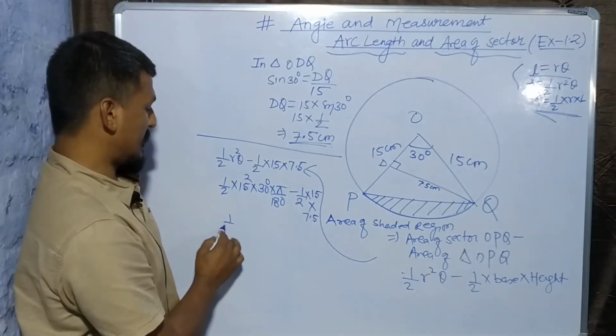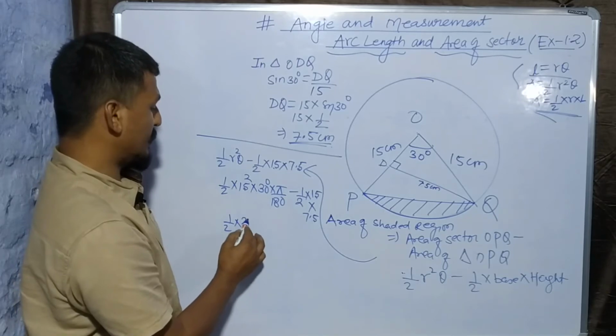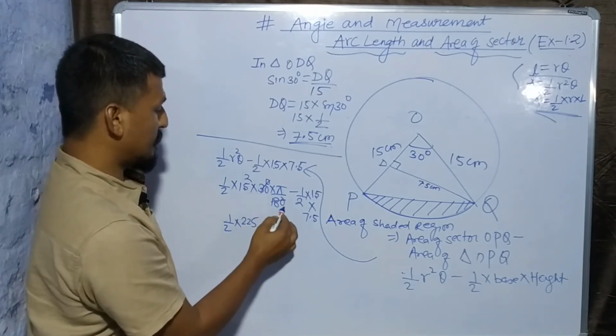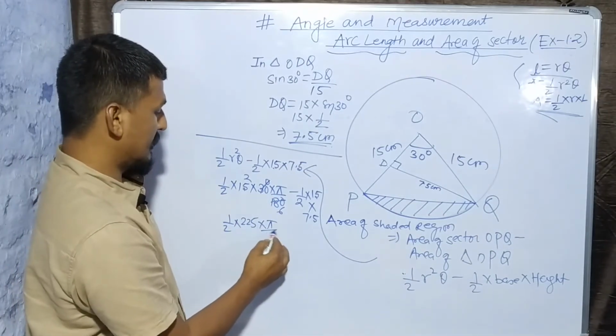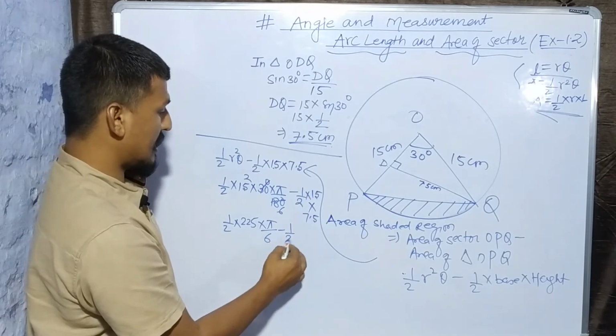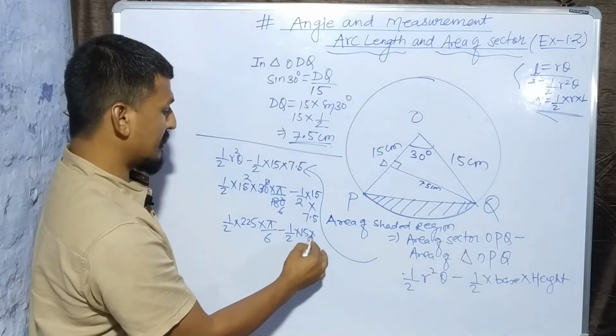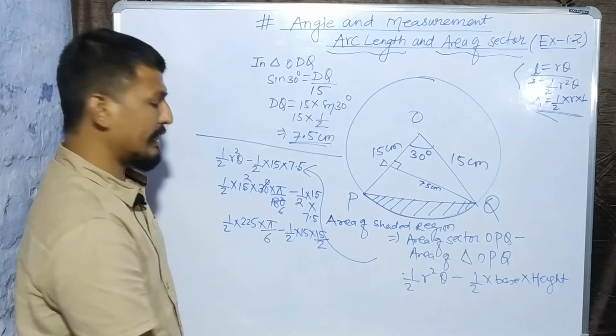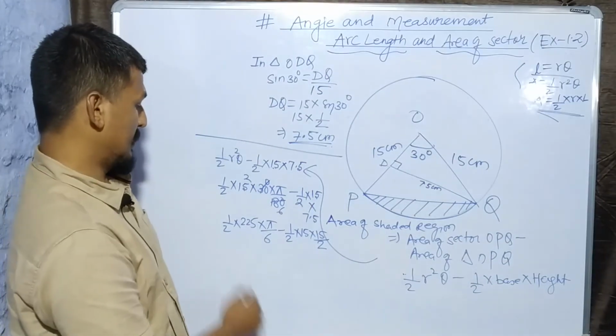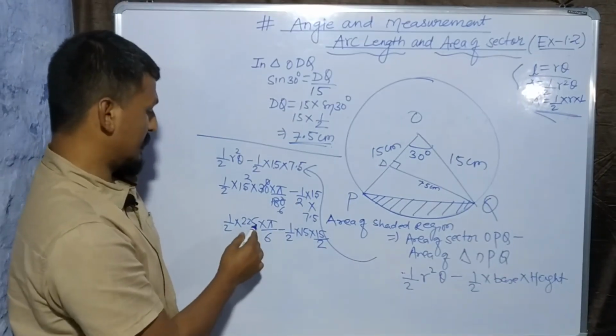Half into 15 square is 225, so this becomes pi by 6 minus half into 15. 7.5 can be written as 15 by 2.